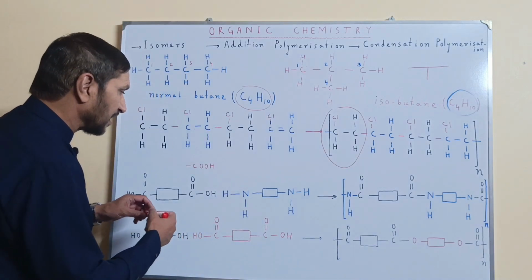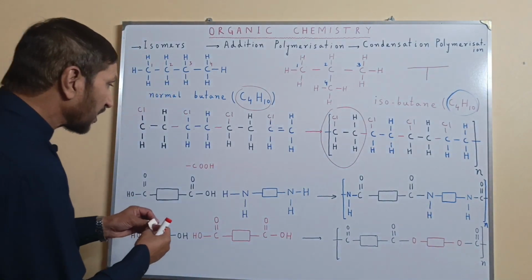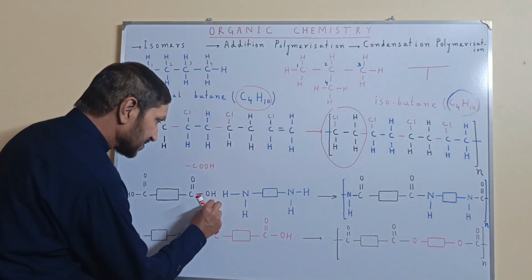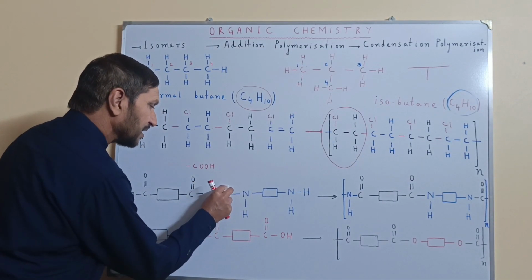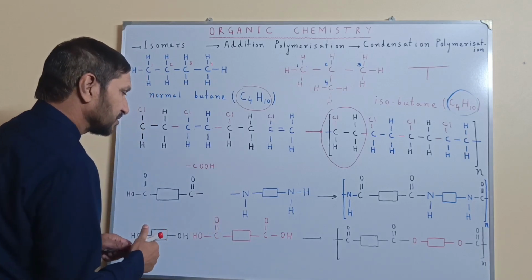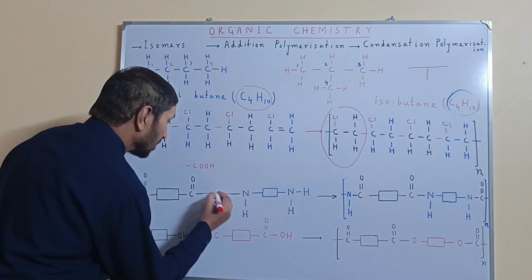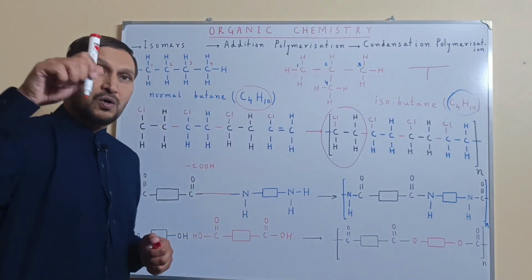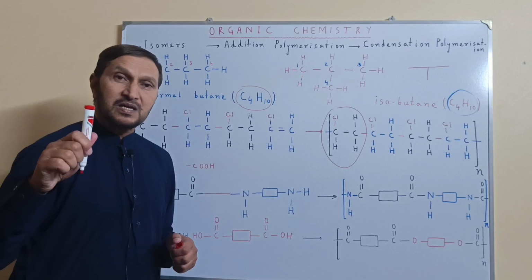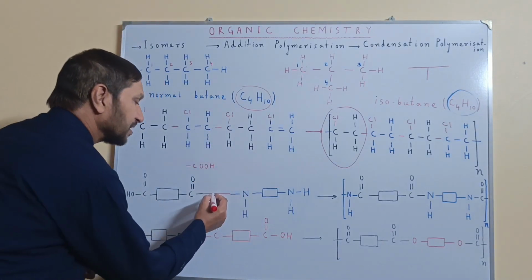How? Let's say I am going to erase from here OH, and from here I will erase H. So when we join them together, it will be joined like this: OCNH, OCNH. So a bond is formed.